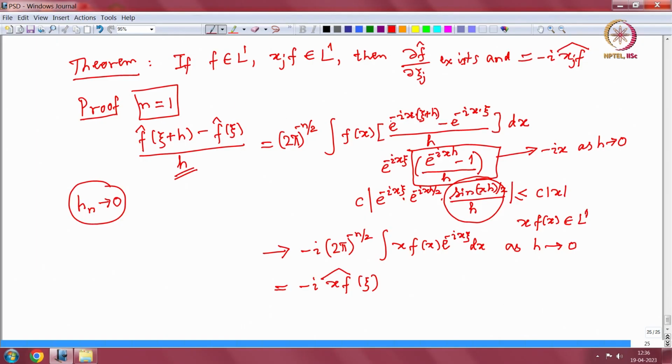So, this is an important thing, and now you can iterate this. If there are more powers, you are getting more derivatives of the Fourier transform.